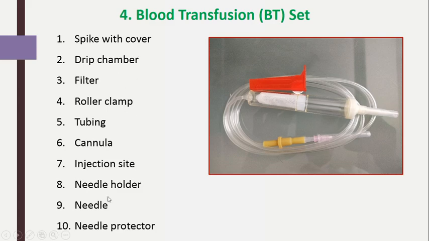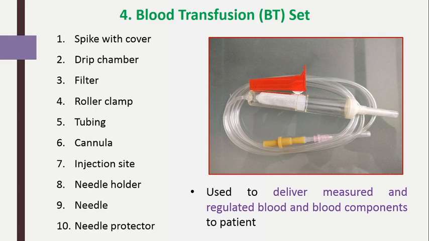So these are some components of the blood transfusion set, which are made using high density plastic or low density plastic, and are mainly used to deliver, measure and regulate blood and blood components to the patient. So this is about the blood transfusion set.